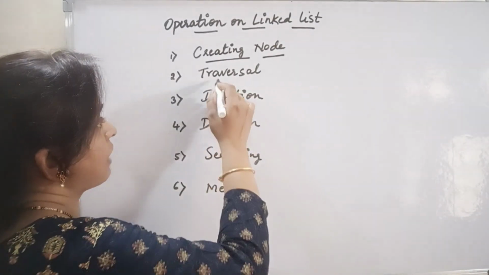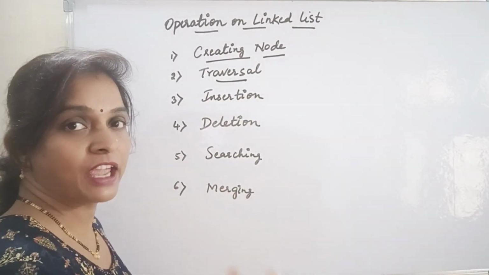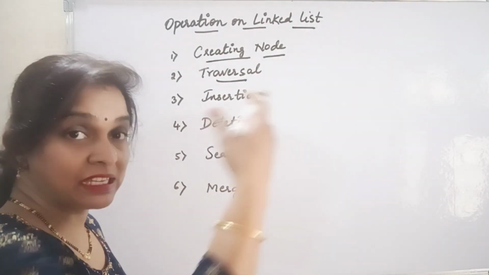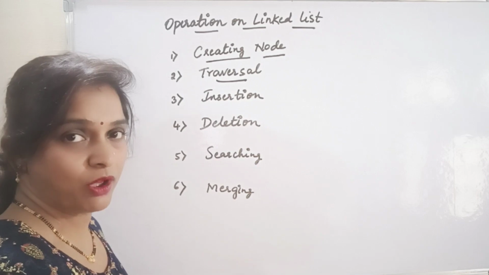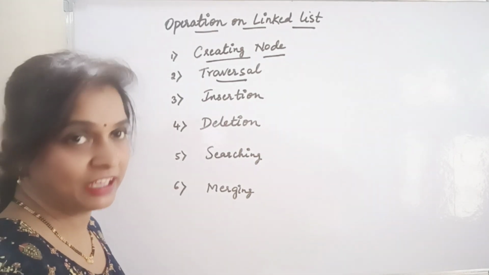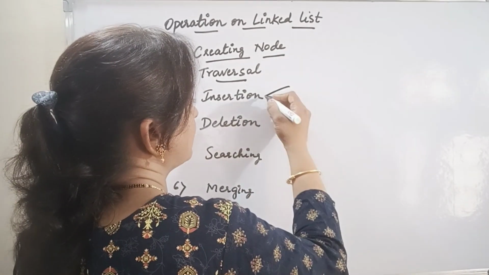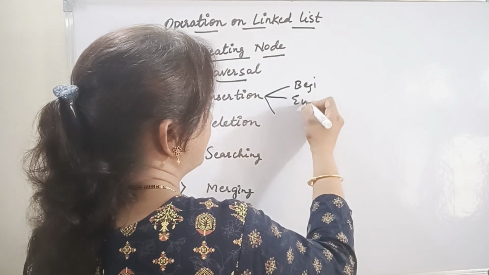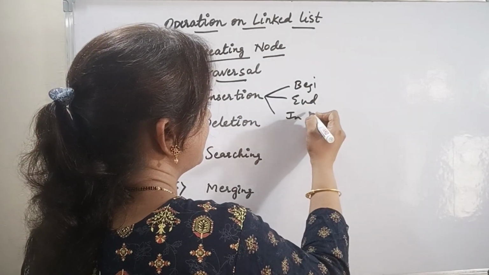Okay. Then traversal. Traversal means visiting every node one by one. Insertion means inserting a node. Say for example you have 4 to 5 nodes already and you want to insert a node into that linked list. I can insert in different places: it may be the beginning, the ending, or in between.